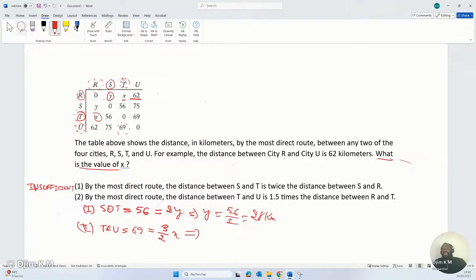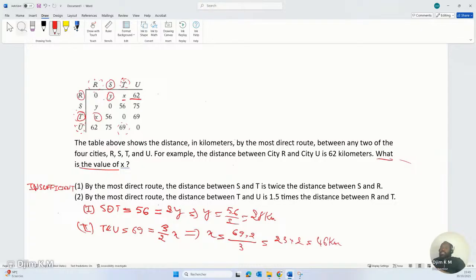So this means that X will be equal to 69 times 2 divided by 3, which is equal to 23 times 2, 46 kilometers.